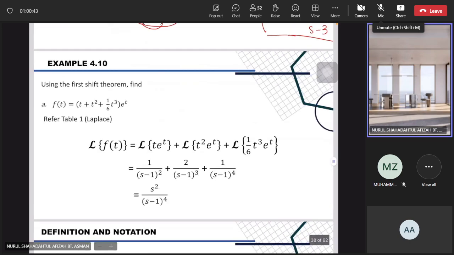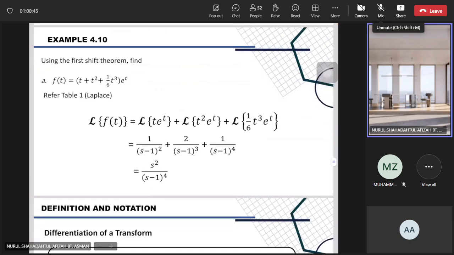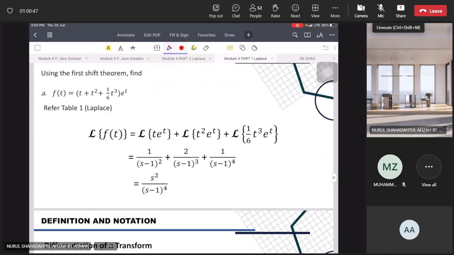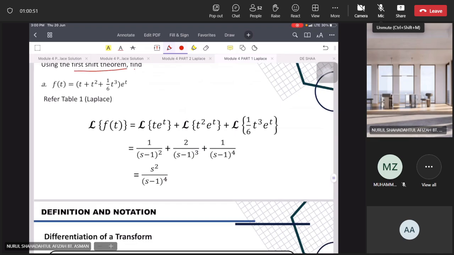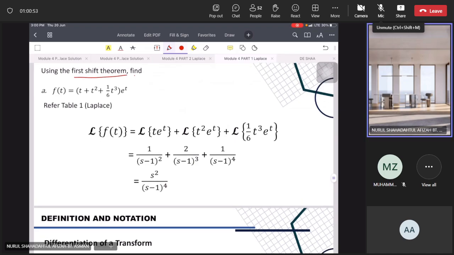So this is the other example for the first theorem. The difference between the linear and first theorem is that we have two functions multiplied.